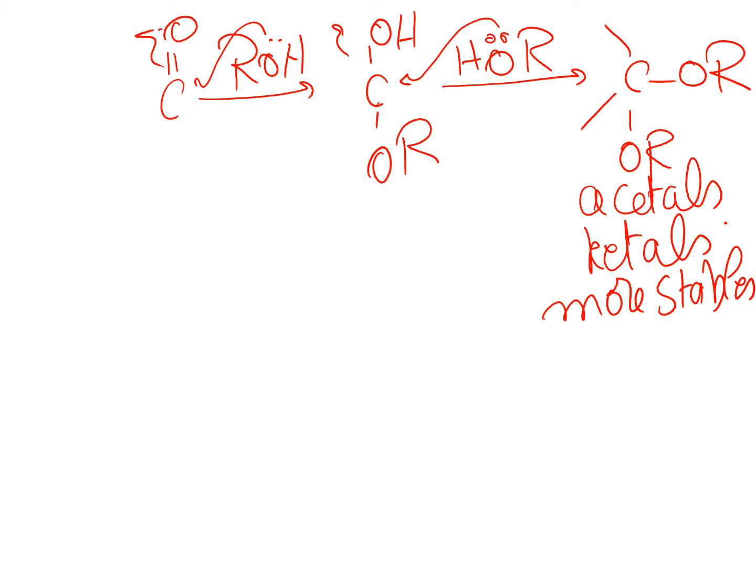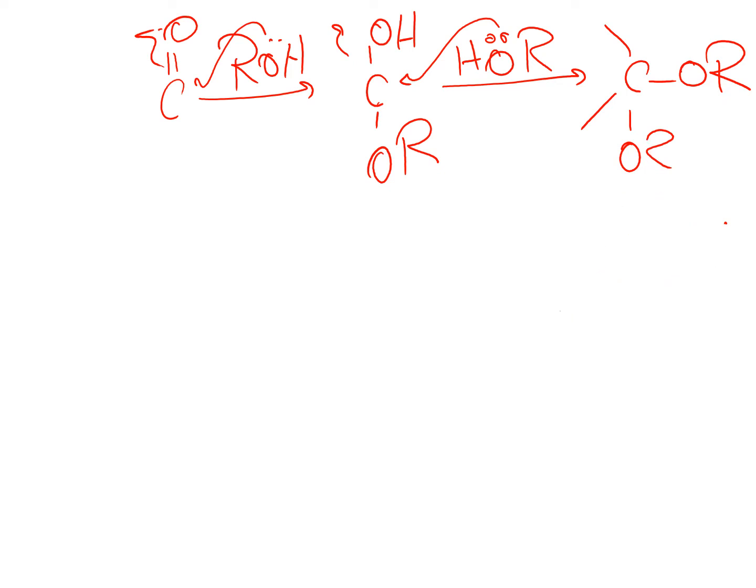They are used as protecting groups for aldehydes and ketones if we need to perform a reaction on a side chain and we fear the interference of the aldehyde and ketone. One very good, very famous example of these protecting groups is ethylene glycol.